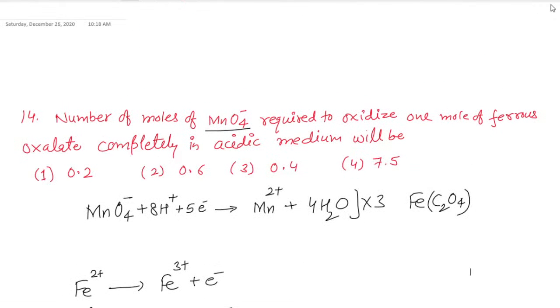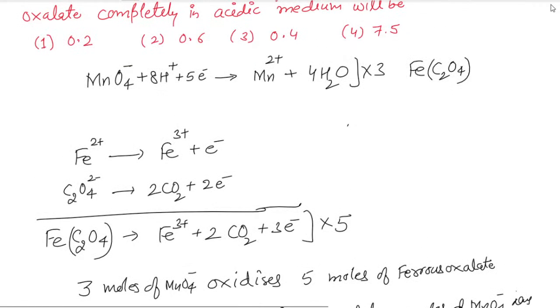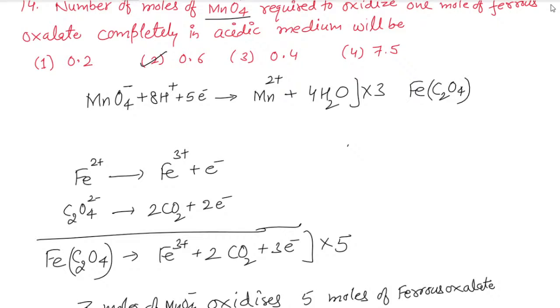So 0.6 means option 2 is correct. Option 2 is correct, right?